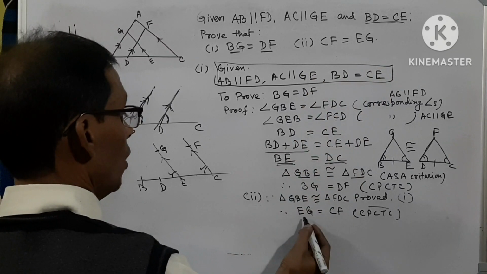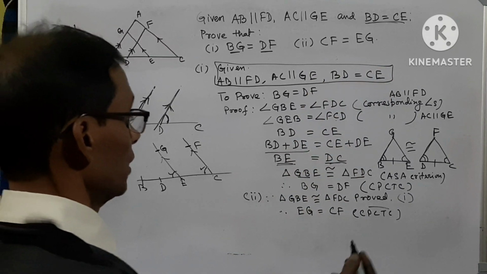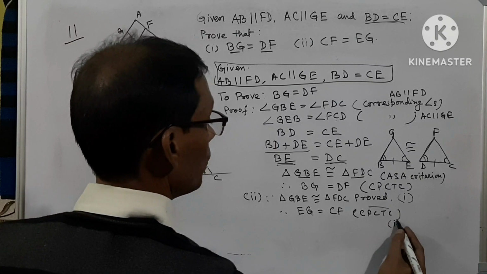CF equals EG or EG equals CF, both are the same thing. So this is also proved, number 2.